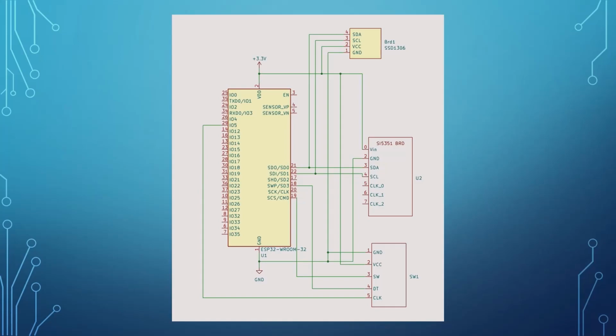Ground goes to the ground on the ESP32, and VCC goes to our plus 3.3 volts. Then the switch line, which is the third pin, goes to 19, the data line runs to GPIO 18, and the clock runs to GPIO 5.